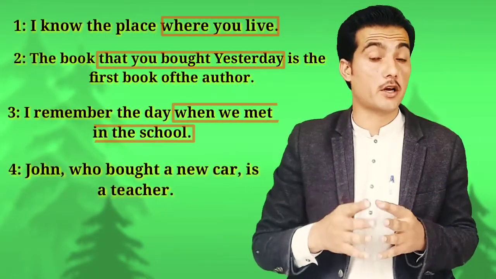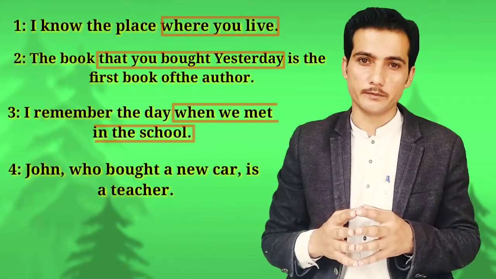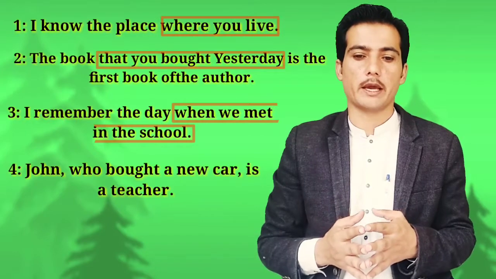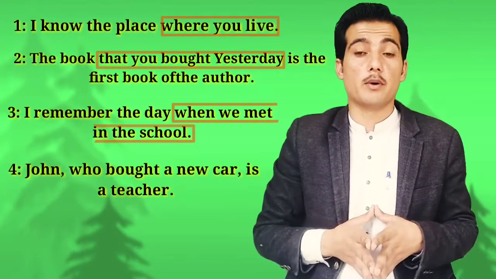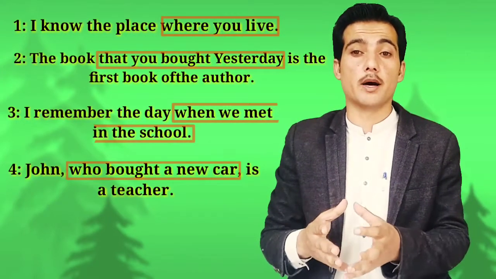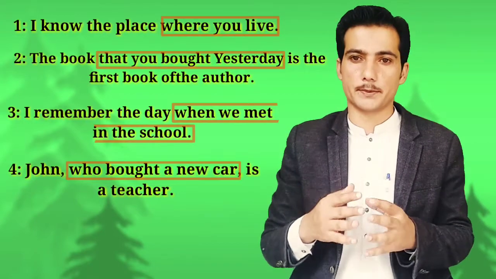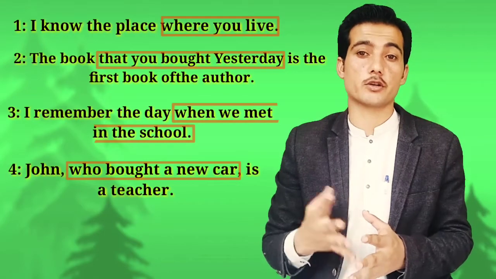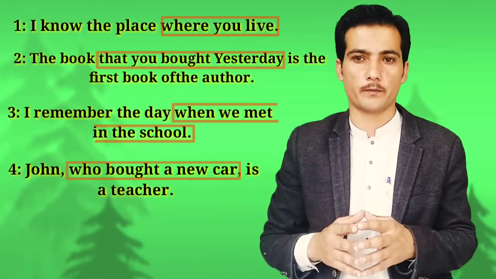John, who bought a new car, is a teacher. If you analyze, John is a noun. Which John? Who bought a new car? Here, who bought a new car is an adjective clause, because it gives us information about the noun, that is John.